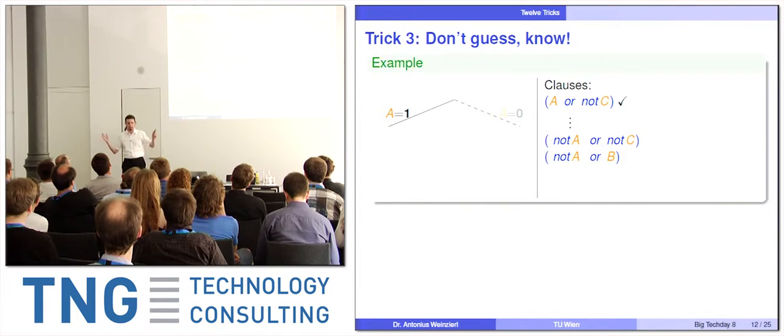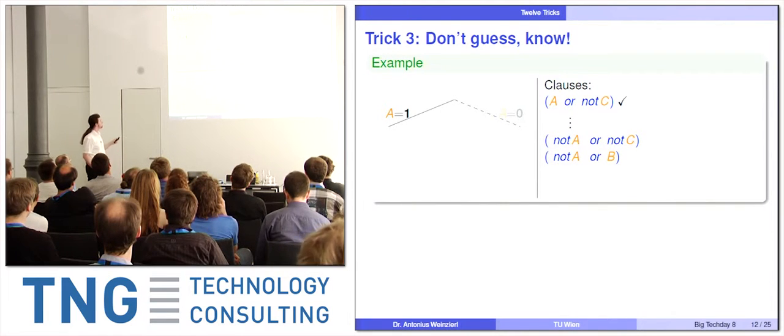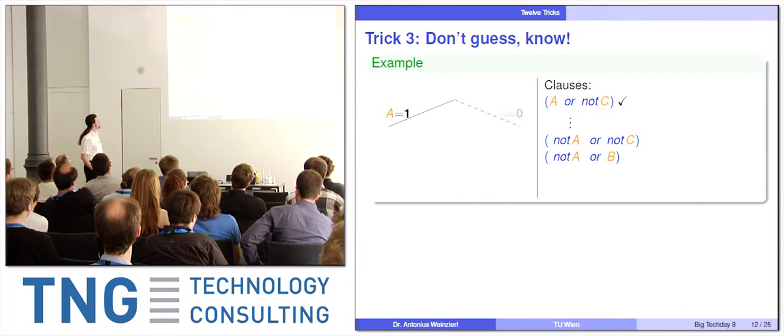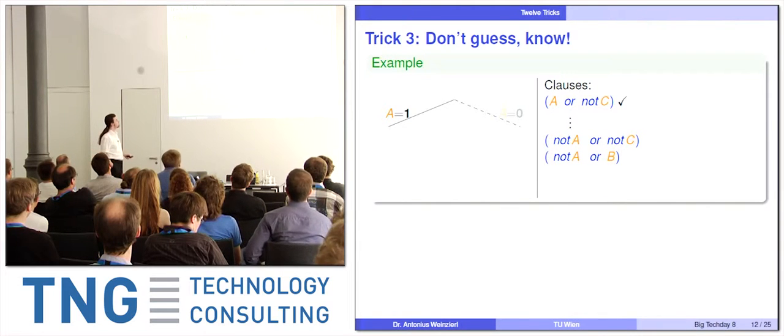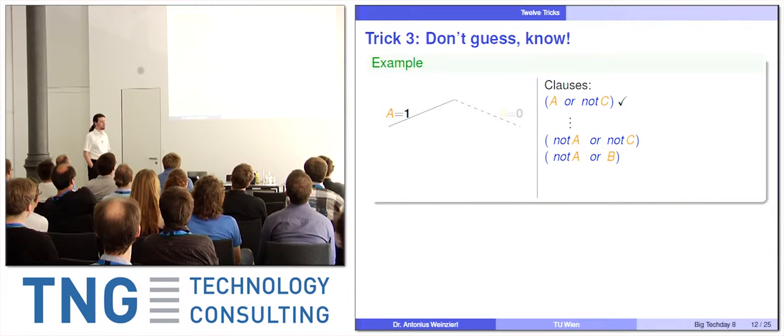Even better than doing all those guesses is not to guess at all. Try to know. So here we have a case. We again have some clauses. We pick the assignment that A is true. So this clause here is already satisfied. And if we look at those two clauses now, we can see that A is true, so not A is false.